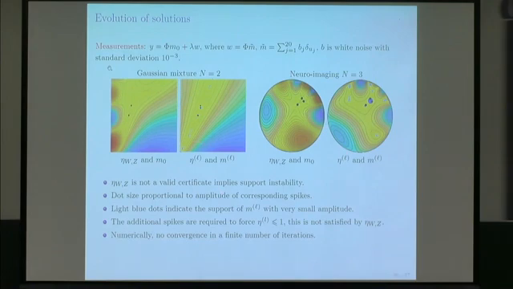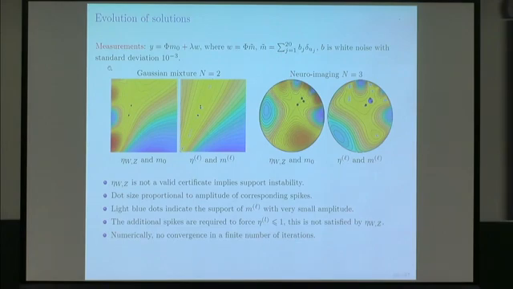These small dots are actually required to force this guy here to have value less than or equal to 1. And this is something that doesn't happen for eta_W. Numerically, in this case we don't observe any convergence in a finite number of iterations, and you see that the algorithm always inserts very tiny spikes to force this to be less than or equal to 1.